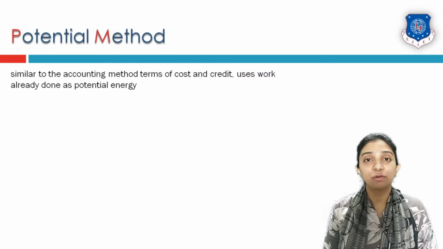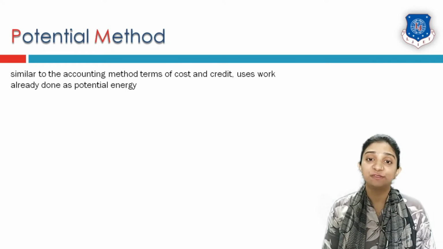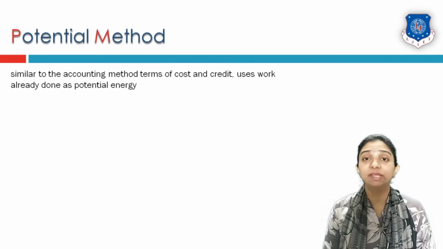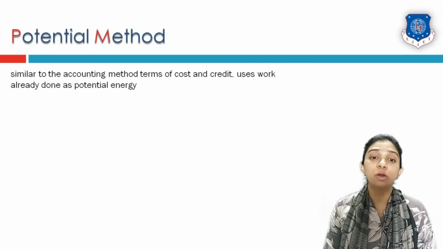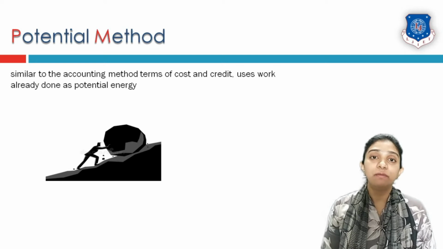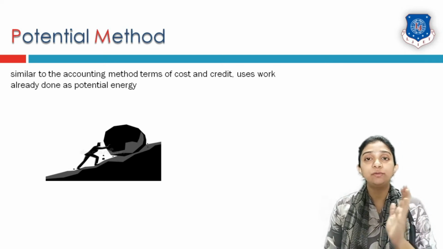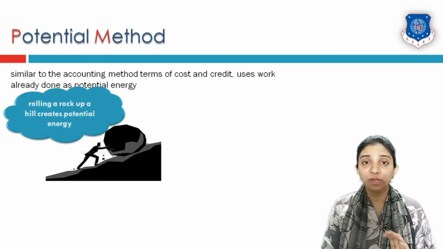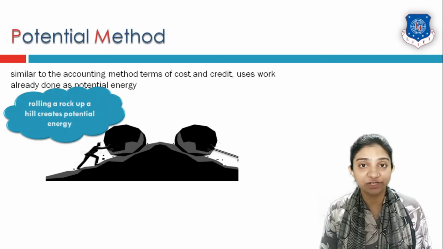The potential method is also used to perform amortized analysis. It is similar to the accounting method in terms of cost and credit, which uses work already done, as in potential energy. Remember, if we are pushing a stone over the top of the hill, rolling up a rock over the hill creates some potential energy.